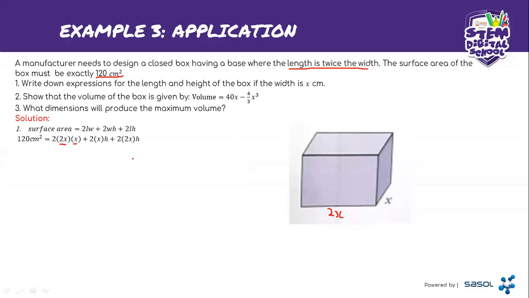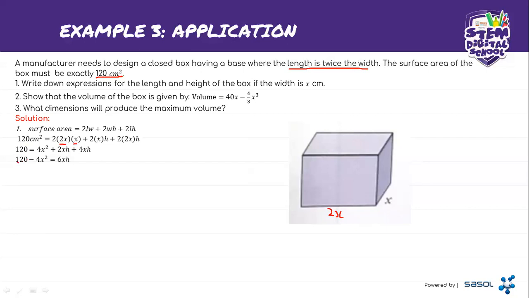Now we simplify it to 120, and when we multiply this, we're going to have 4x squared. Since we want to make the height the subject of the formula, we transpose this 4x squared to the left hand side.